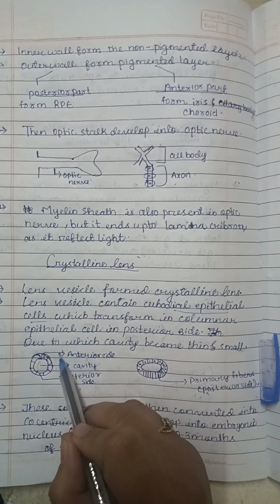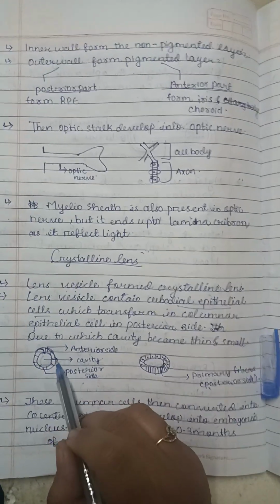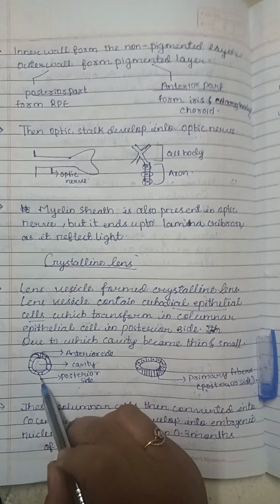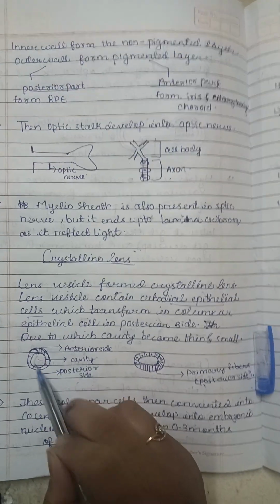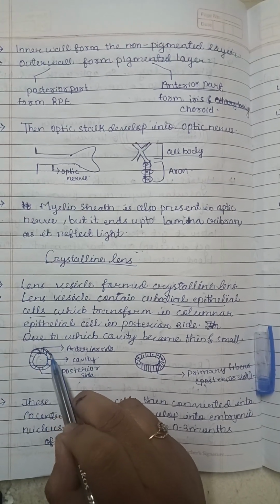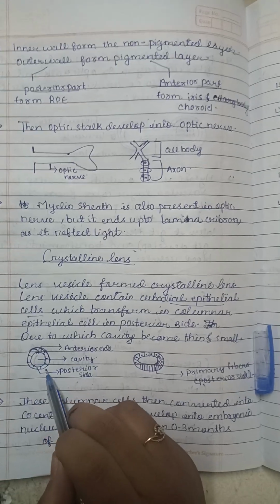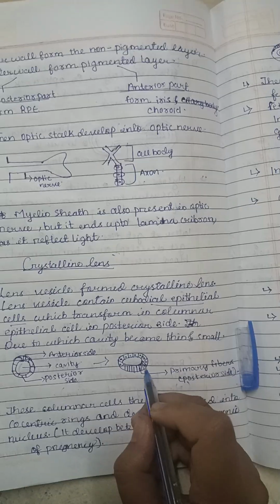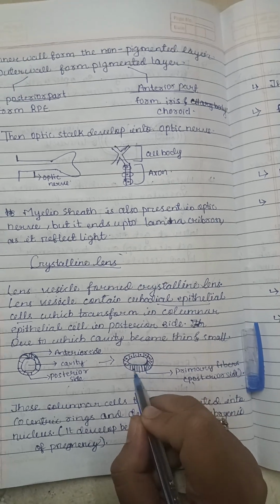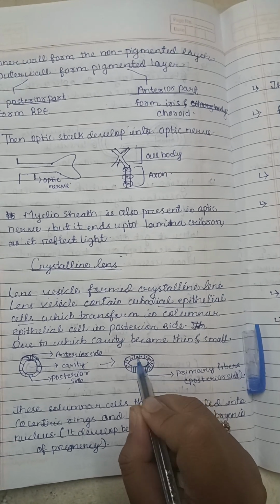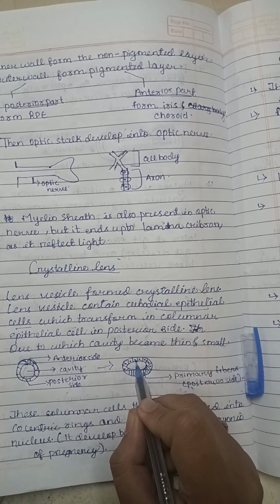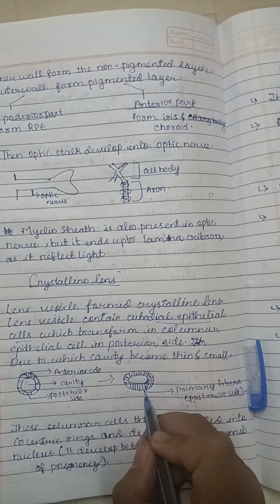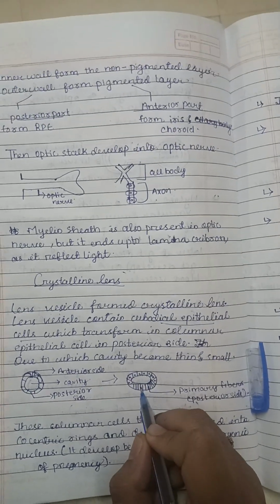Means, see in this diagram, this is a lens vesicle having cells. This is the anterior side and the posterior side, all having cuboidal epithelial cells. Now, it converts into columnar epithelial cells on the posterior side. On the anterior side, it remains cuboidal epithelial cells. On the posterior side, it is converted into columnar epithelial cells.